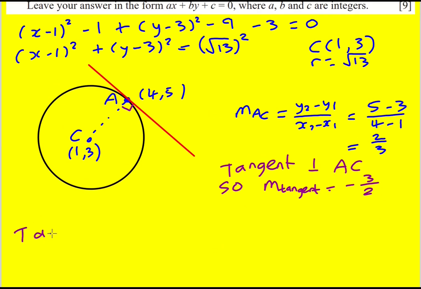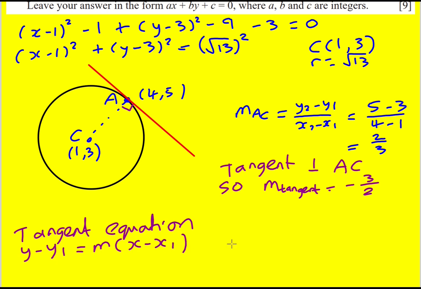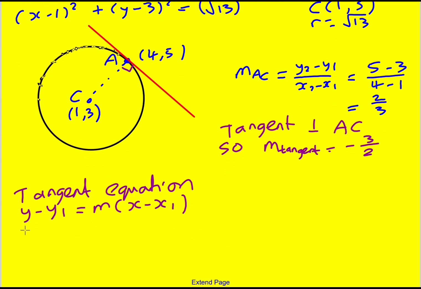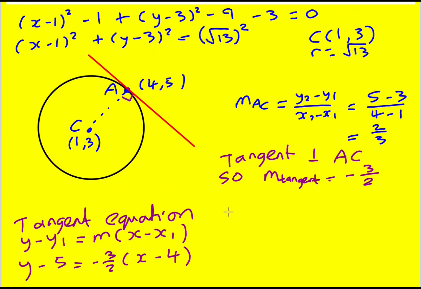So, the tangent equation: either use y equals mx plus c, or y minus y1 is equal to m times x minus x1. I think I'm going to do it both ways here. So y minus 5 is equal to minus 3 over 2 times x minus 4, and we get the equation straight away.